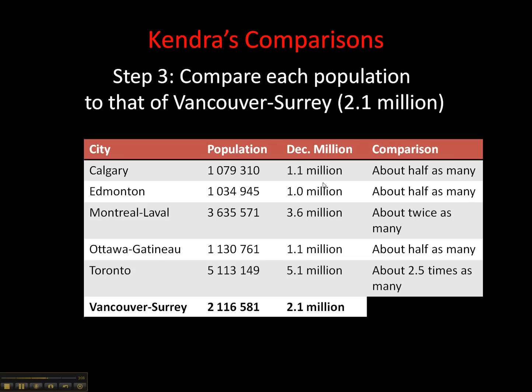Edmonton is also about half as many at 1 million. But Montreal-Laval is about twice as many as Vancouver-Surrey because it has 3.6 million. Ottawa-Gatineau has 1.1 million, which, similar to Calgary, is about half as many. And Toronto at 5.1 million is about 2.5 times as many. So that means twice as many and half more than that.